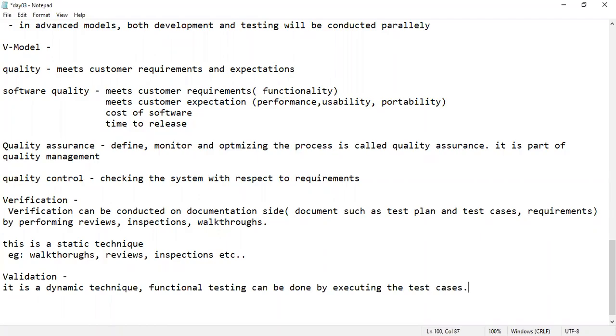So validation, functional testing, can be done by executing the test cases; we call it validation. For example, functional testing and non-functional testing.